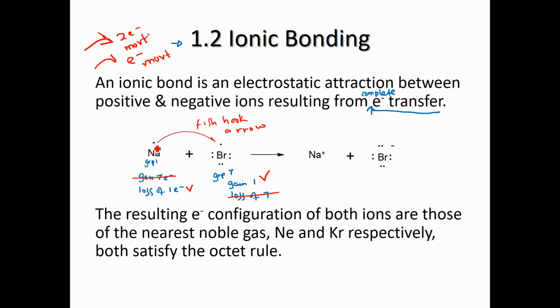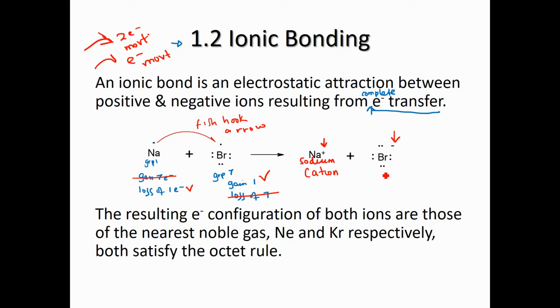So once the sodium loses the 1 electron, it has 1 negative charge less, so it becomes positive 1. We don't write positive 1, we just write positive. When bromine gains 1 extra negative charge, which is an electron, then it's going to be negative. The species that are positively charged are called cations, so this one is a sodium cation.